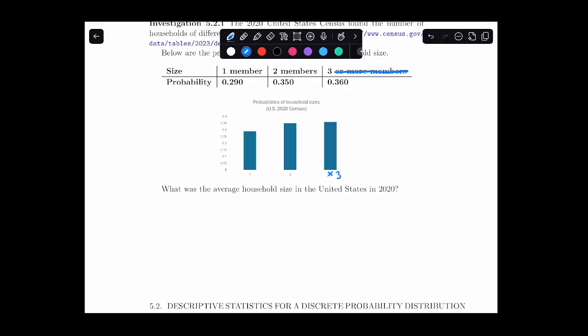So if 1, 2, and 3 member household sizes were equally likely, so if all these options of having 1 member, 2 members, or 3 members, I'm not going to think about more than 3, if these options were equally likely, let's think about first what we would do there.